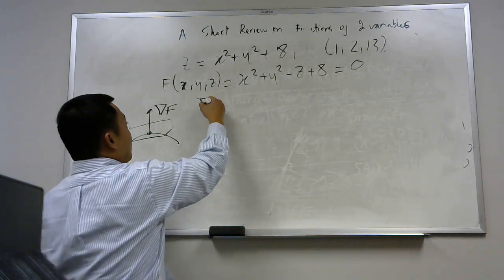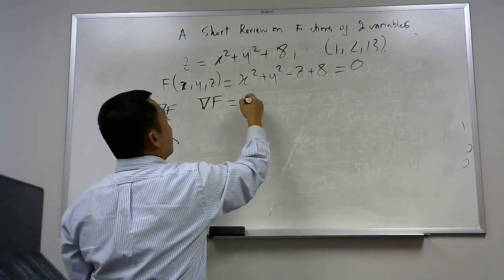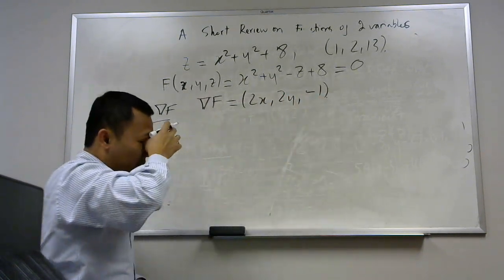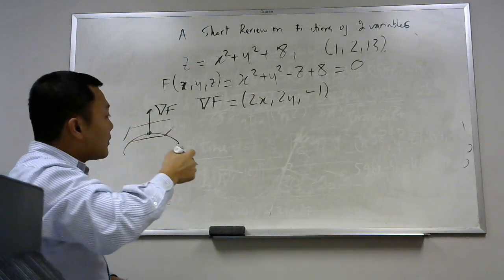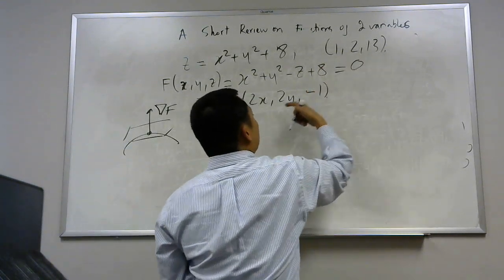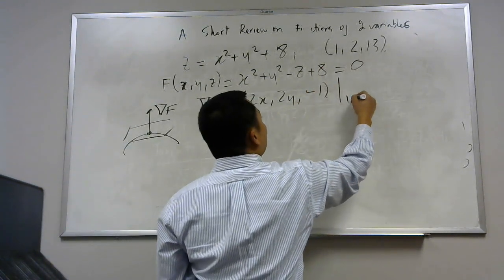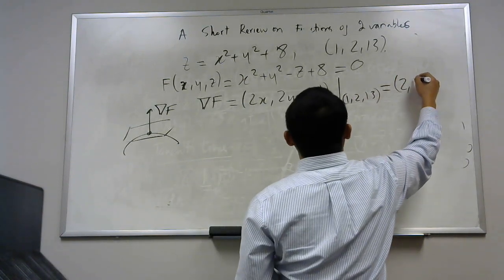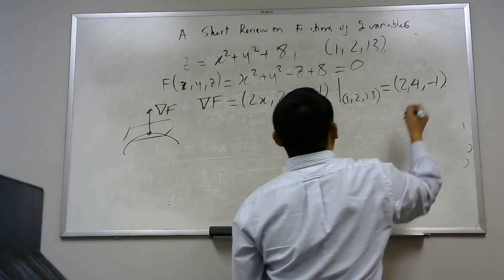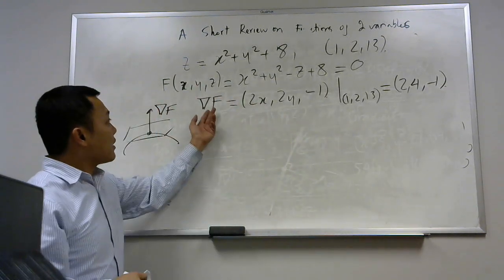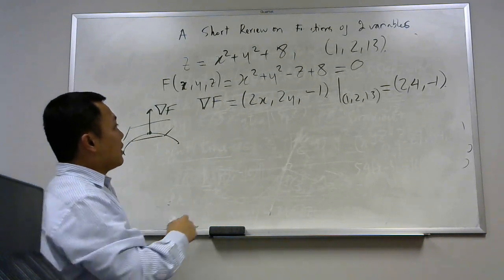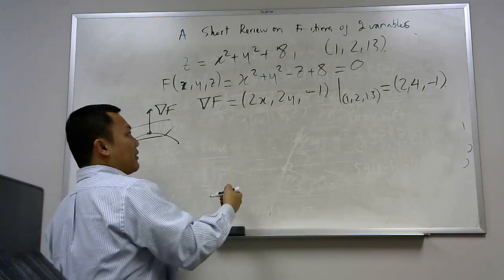So basically, you need to find the gradient of f, which is 2x, 2y, and negative 1. And you plug 1, 2, 13 into this, you get 2, 4, and then negative 1. That is the gradient vector at 1, 2, 13. Now we have 1 point. You do the same thing as in the previous example.